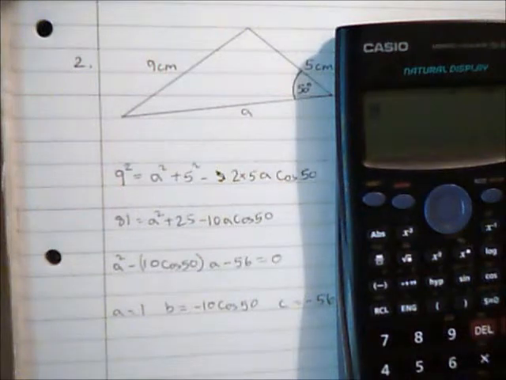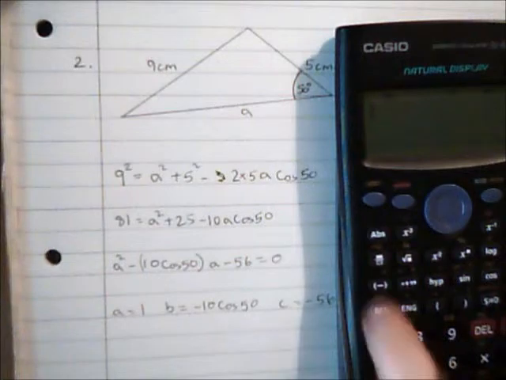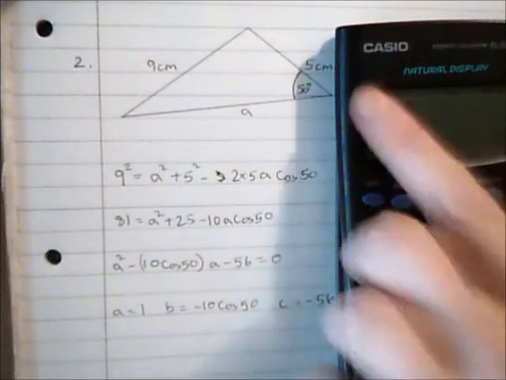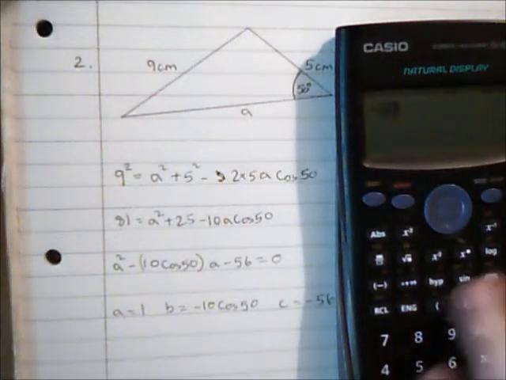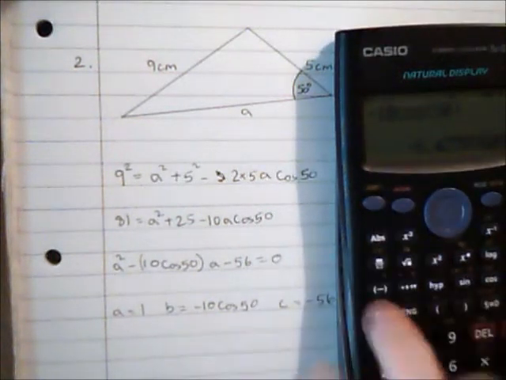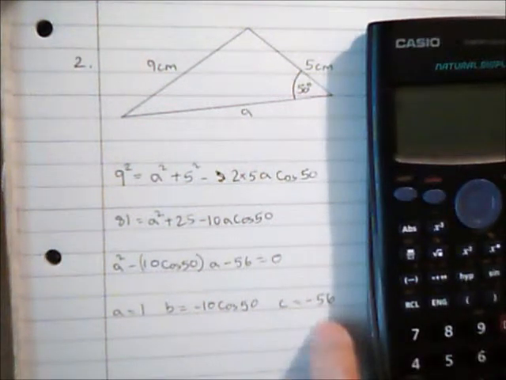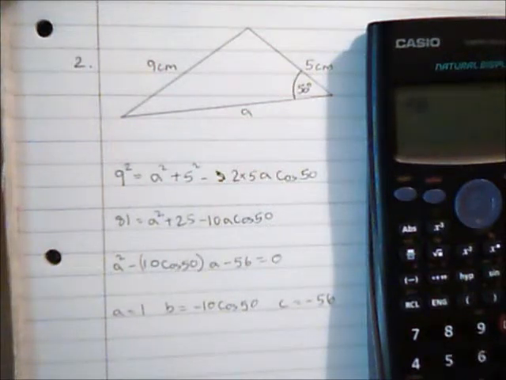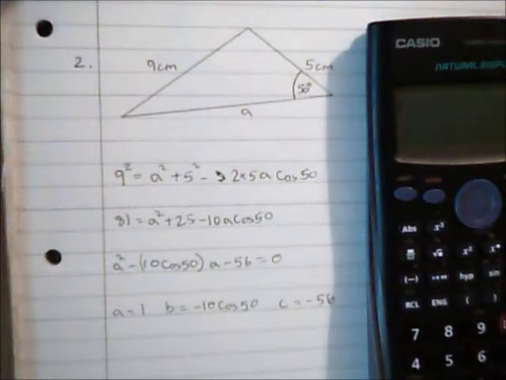So a is 1, so I'm going to put 1 and do shift STO, which is store, and store that as A. So it's come up saying the answer has gone to memory A. And then I'm going to do -10 cosine of 50, and store that in memory B, and then c was -56, so I'm just going to type in -56, and store that in memory C.